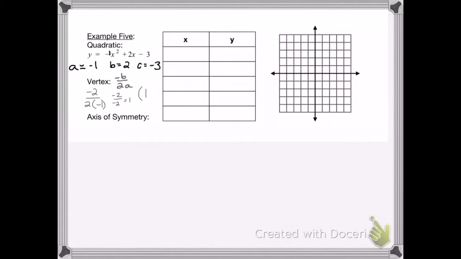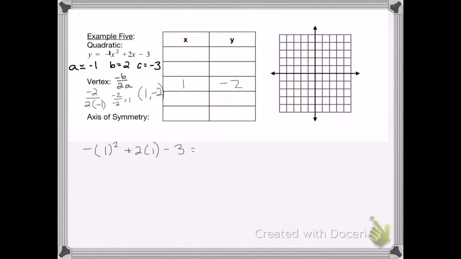Well, the next thing I'm going to do is plug that into our original equation to figure out what our y is. So we're taking negative 1 squared plus 2 times 1 minus 3. When we do that, we will find that our y value is negative 2.